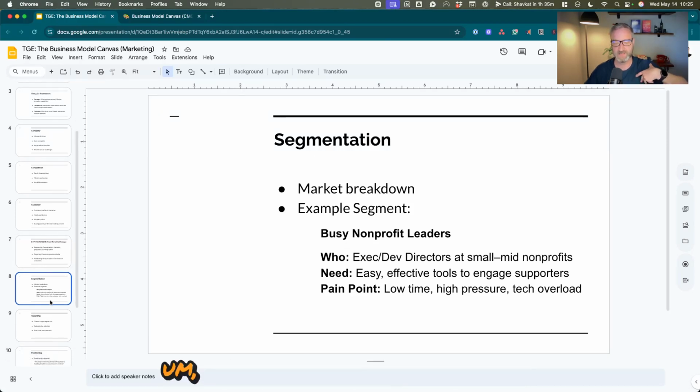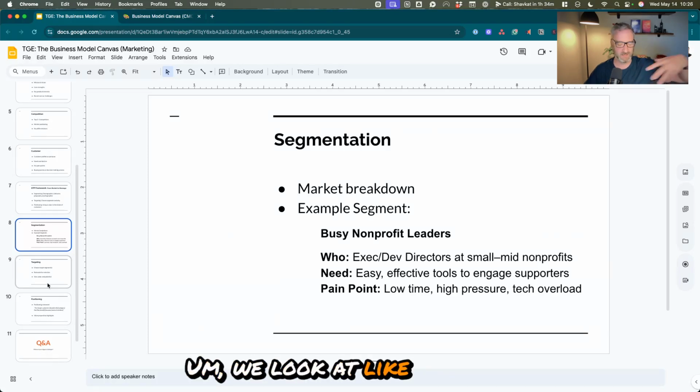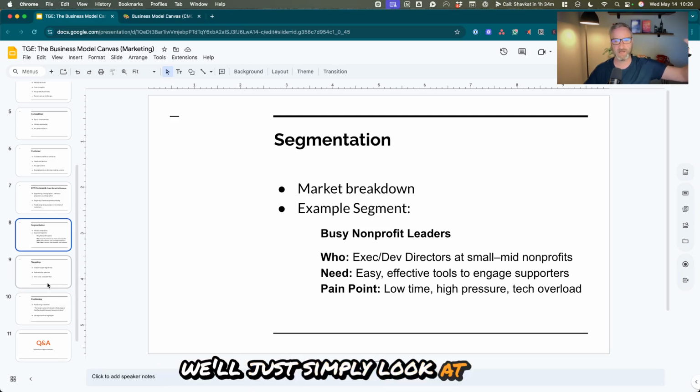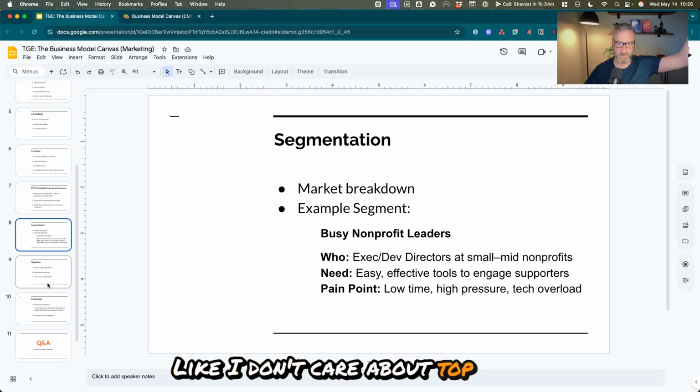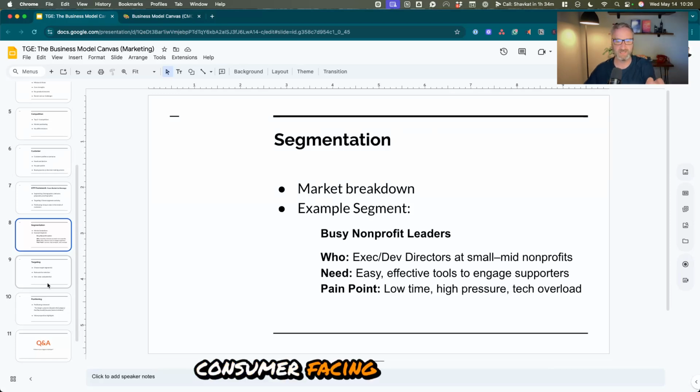I won't spend a lot of time on here, but I'll just give you some examples that I have found in breaking down our market segmentation. As Rallycore, my software company serving nonprofits, we'll pull a 990, for example, and we'll just simply look at operating income. I don't care about top line income as much, because that could be a lot of grant money. I'm looking at how much money is consumer facing, like donor development, grassroots, face to face.